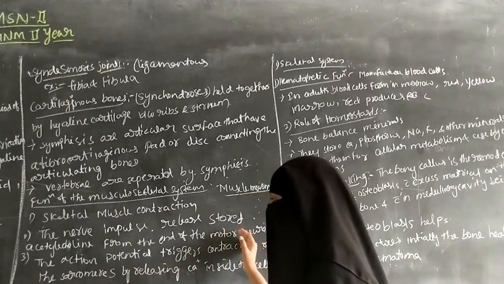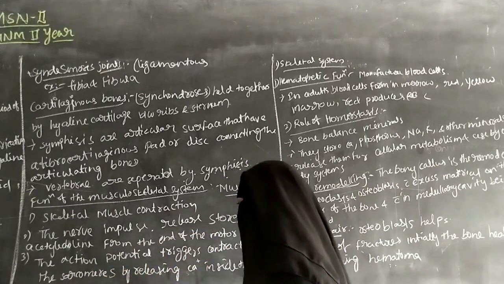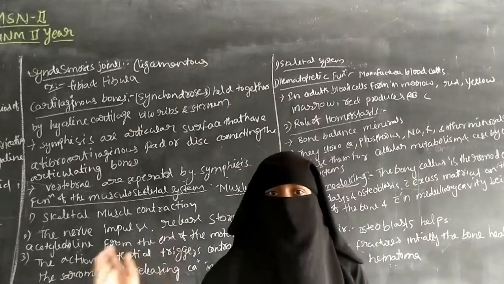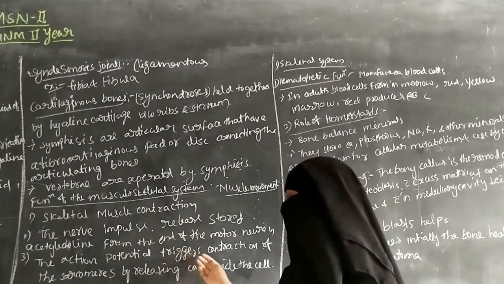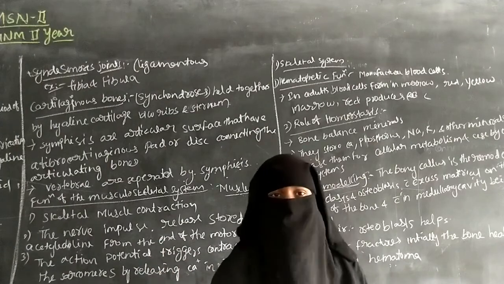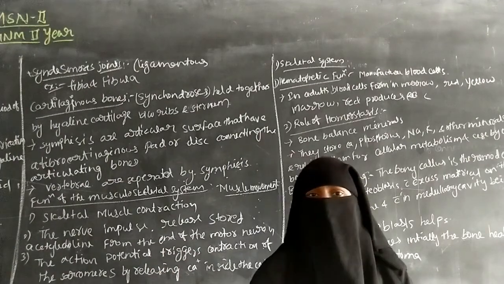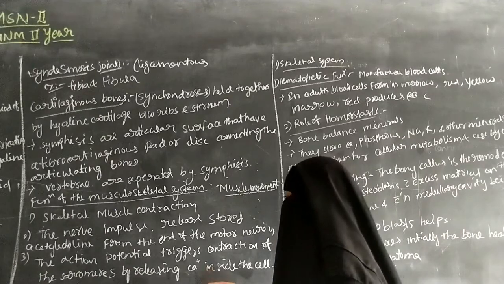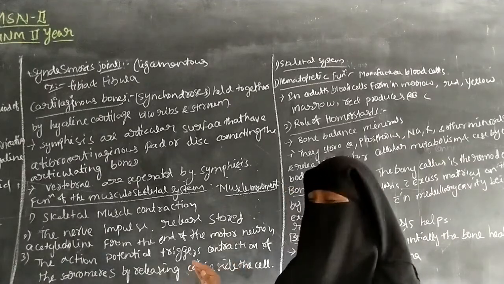Contraction occurs in the sarcomeres by the release of calcium inside the cells, so because of the contraction of the muscles there is a release of calcium inside the cells.